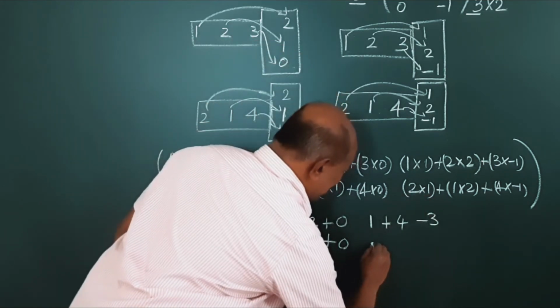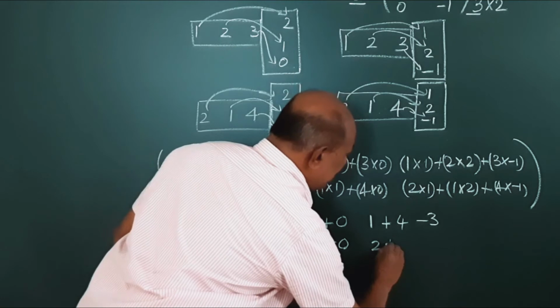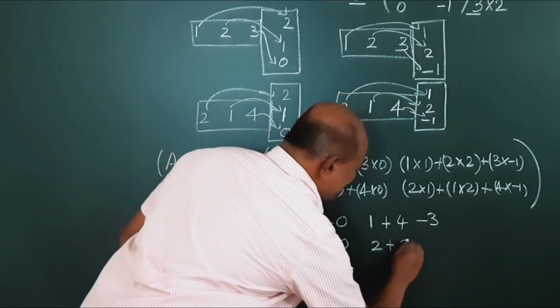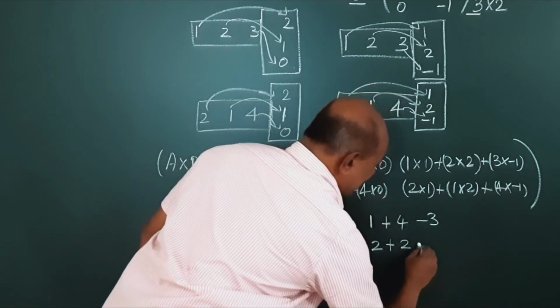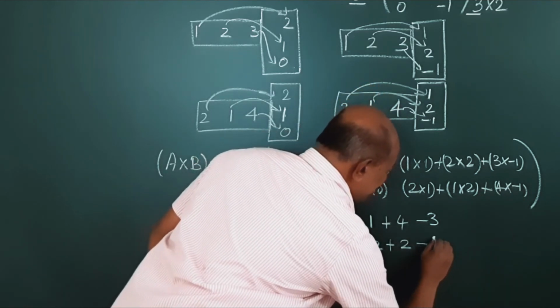Here 2 into 1, 2, plus 1 into 2, 2, plus 4 into minus 1, minus 4.